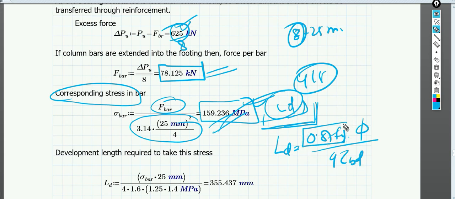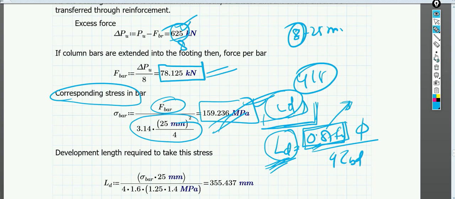This was the stress in the steel during yielding. That means while yielding, how much length is required to take care of the stress equal to 0.87 Fy. This much development length, Ld, is required to take care of 0.87 Fy stress.